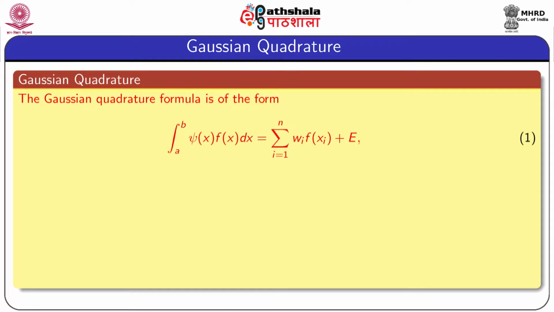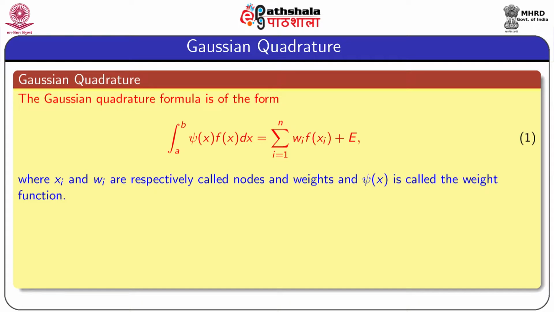The Gaussian quadrature formula is of the following form: integration a to b psi x f x dx equals summation i equal to 1 to n w_i f of x_i plus error, where x_i and w_i are respectively called nodes and weights, and psi x is called the weight function.